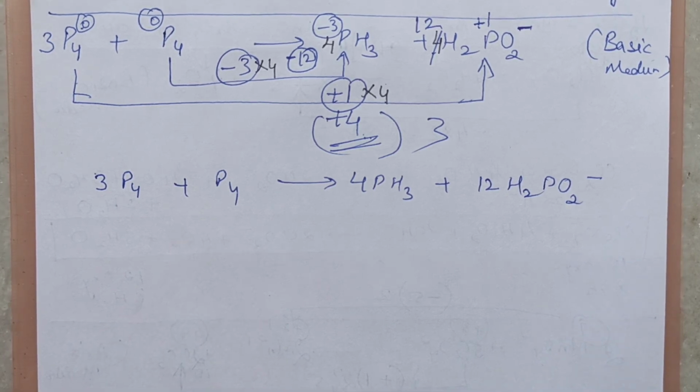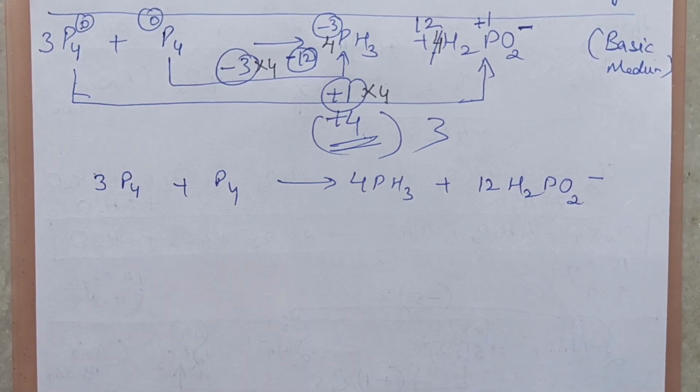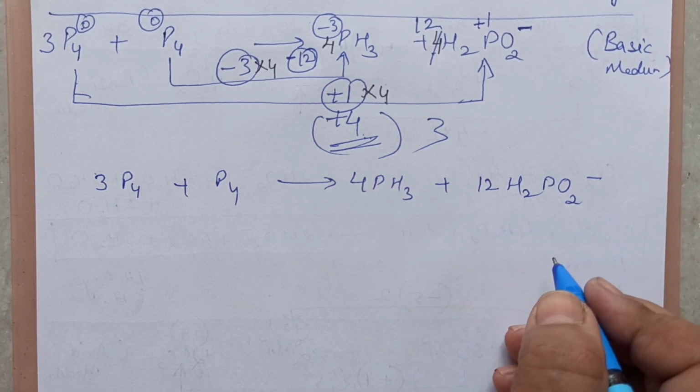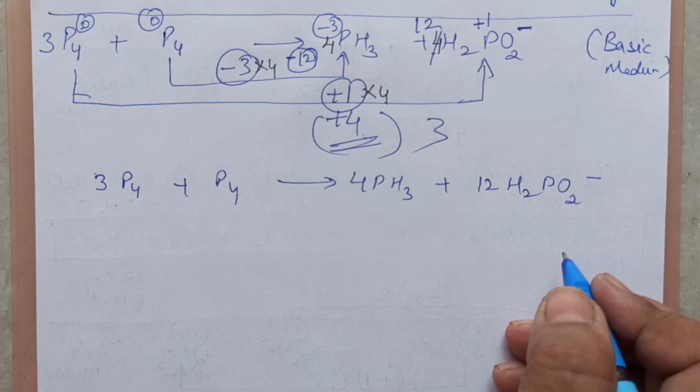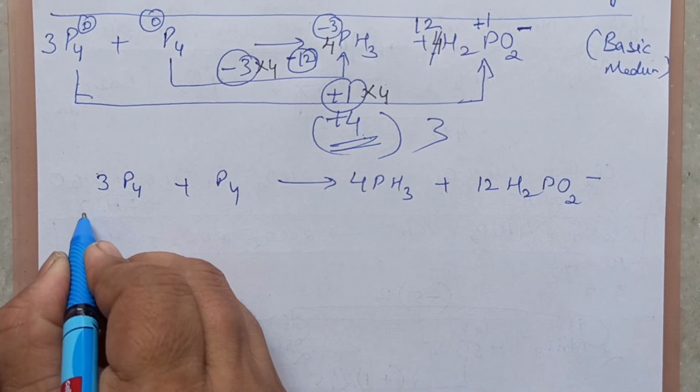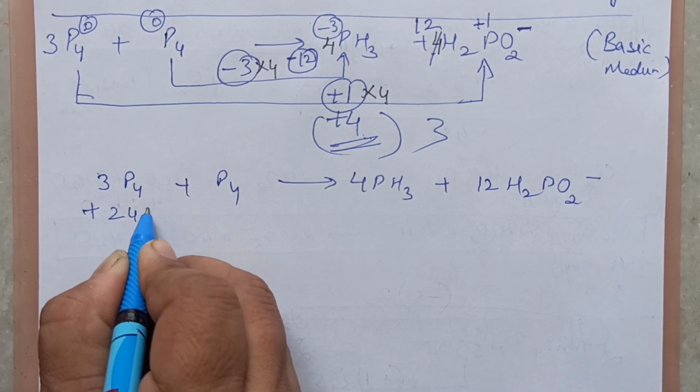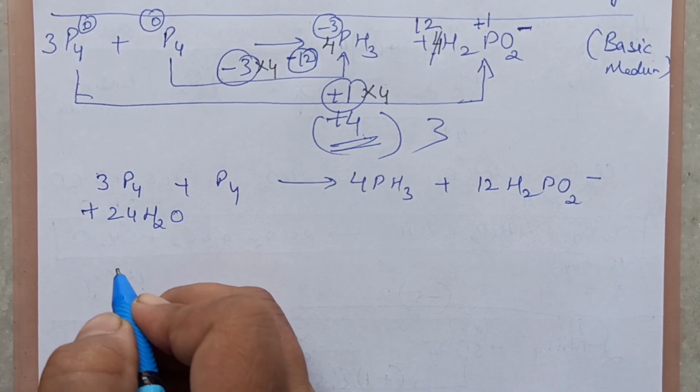You can combine them together. Okay. Now we will check how many oxygens are there on the left hand side. We don't have any. Right hand side you have 24. Right? So you have 24 oxygens, means we will write down 24 water on the left hand side. So we will write down plus 24 water molecules on the left hand side.